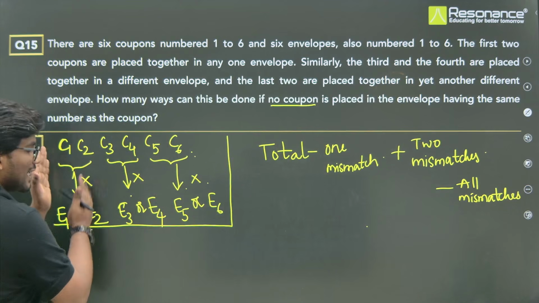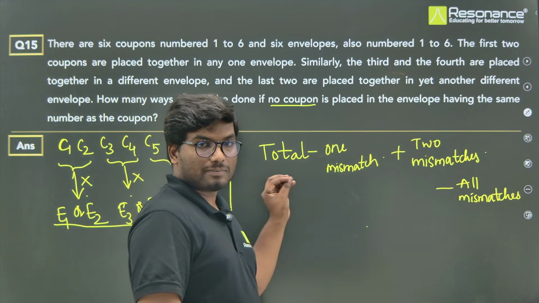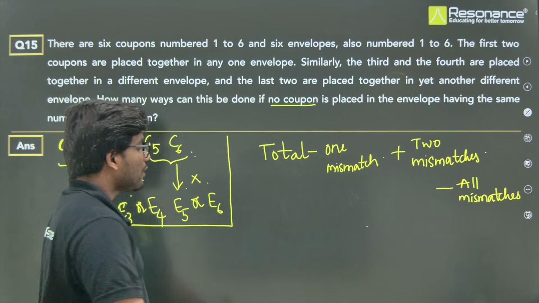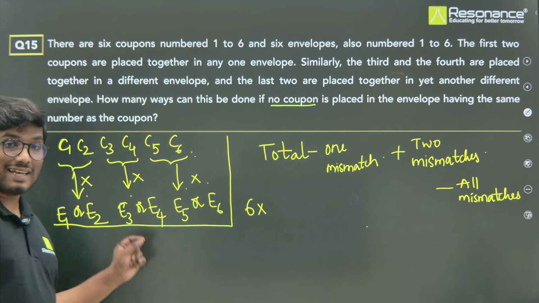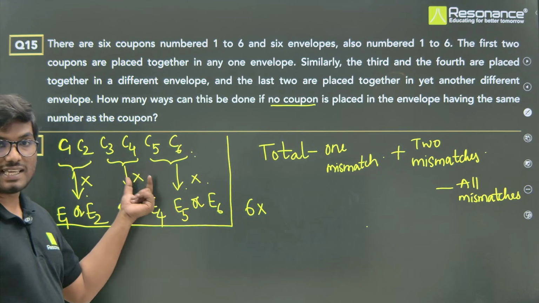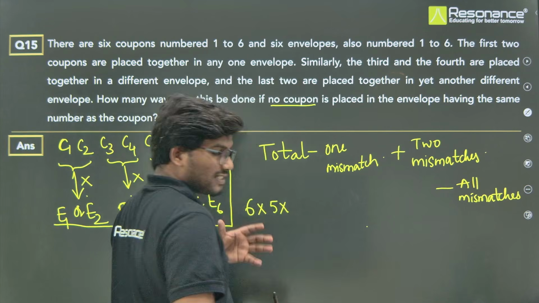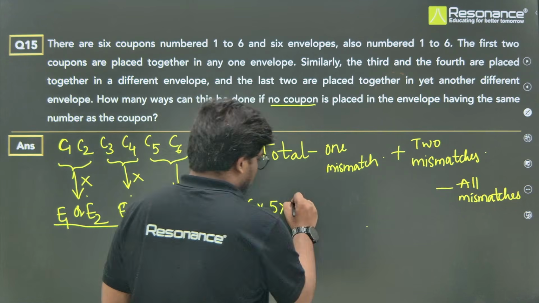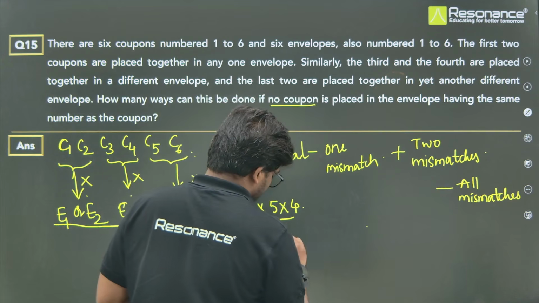I'm not carrying any condition, just a plain calculation of the total number of ways, where the first entity has 6 ways. And the next entity, C3 and C4 together, has 5 ways. Out of 6, 1 is already gone, right? And then the third one has 4.